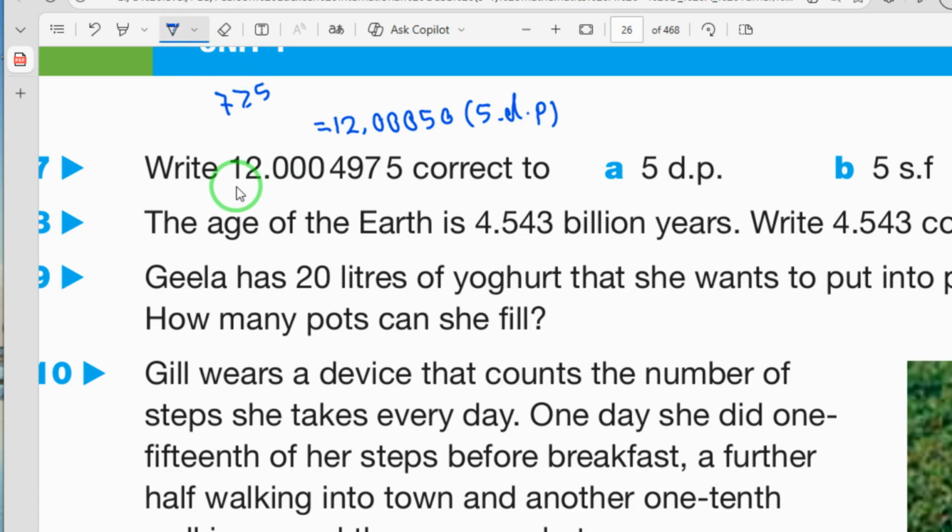So I count from this one 1, 2, 3, 4, 5, and we face with 4. 4 is actually smaller than 5, so we directly ignore from this one when we write this one equal to 12.000. This one correct to 5 significant figure. This one solved.